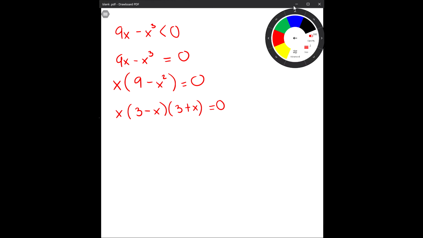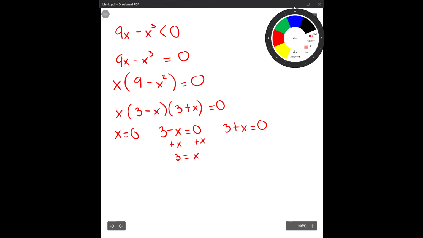Now back to our prior knowledge of how to solve equations. We have x equal to 0, 3 minus x equal to 0, and 3 plus x equal to 0. So x equals 0 is already one solution. For 3 minus x equals 0, we add x on both sides, so we have 3 equals x.